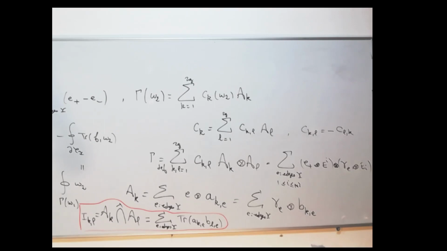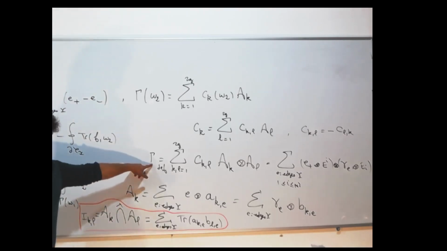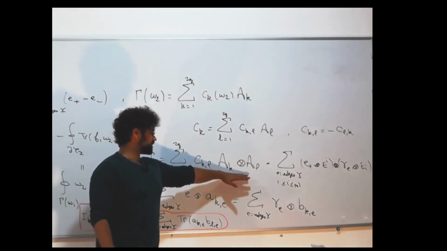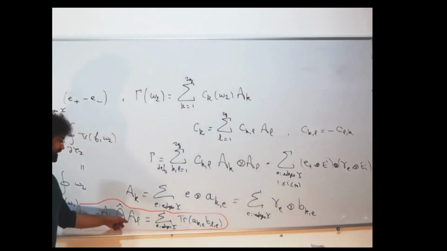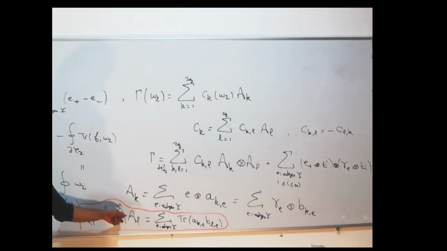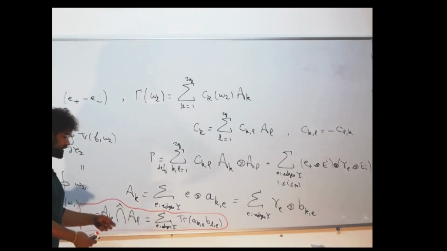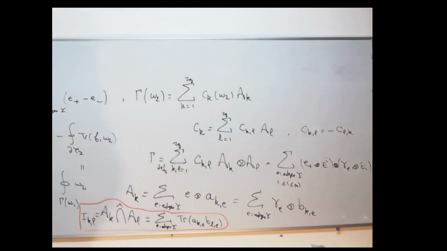Okay, so you see this gamma here, it belongs to the tensor squared of H1. This intersection here is a bilinear form on H1 tensor squared, and we can upgrade it to an intersection product on the tensor squared of H1.